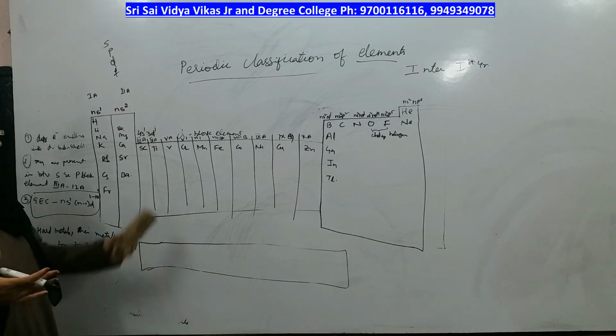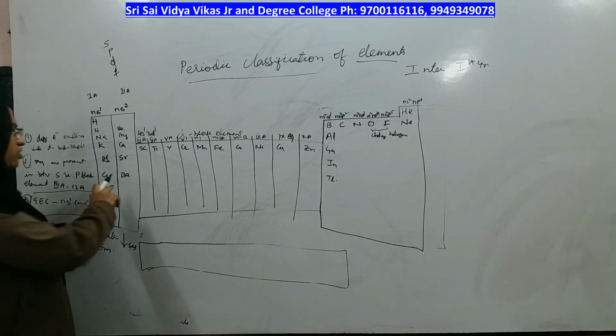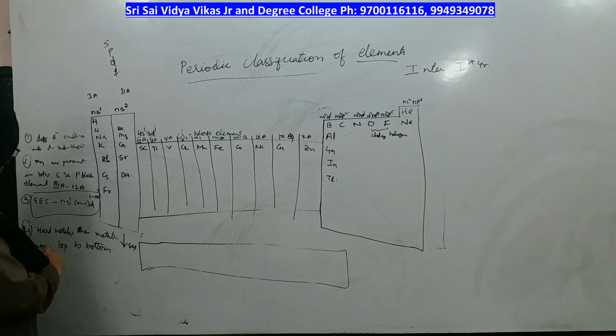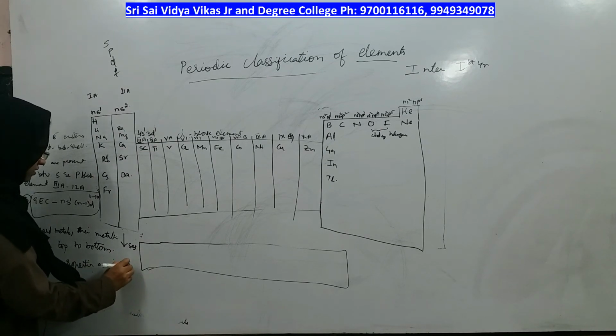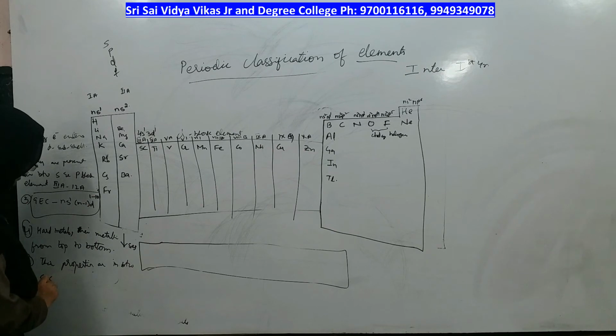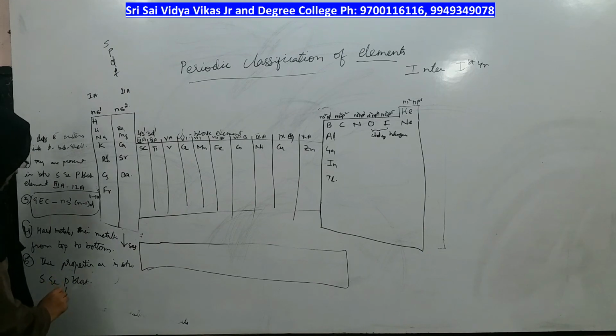What is the speciality of this block? Their properties are in between S block and P block. Therefore, they are called transition elements.